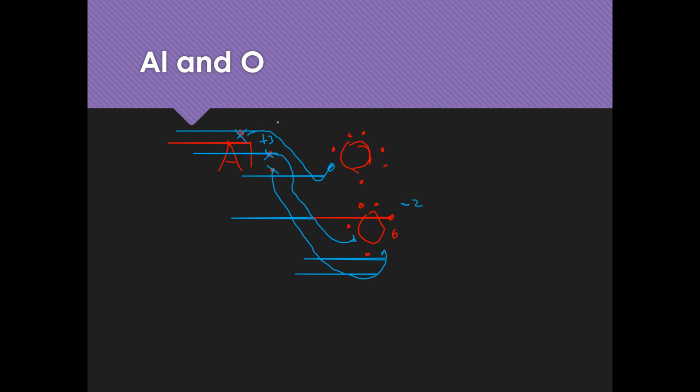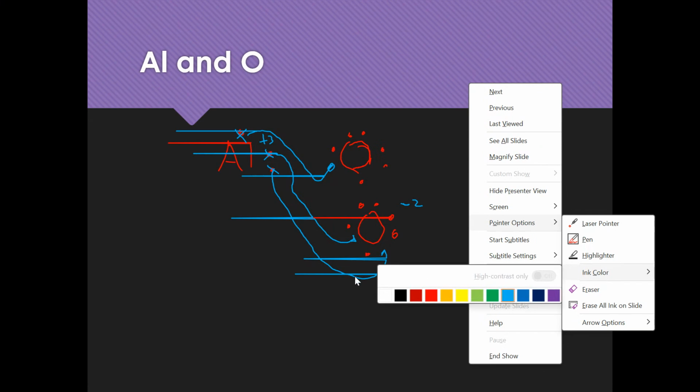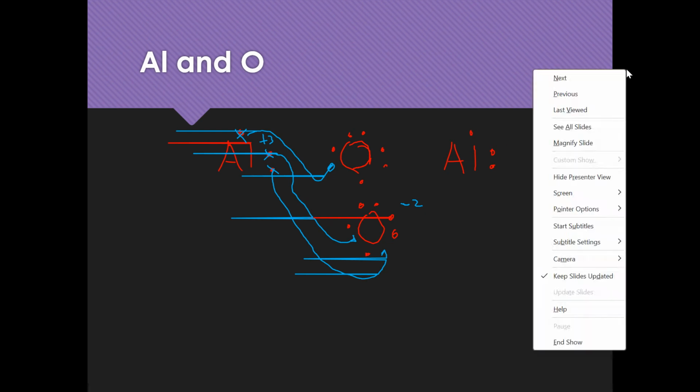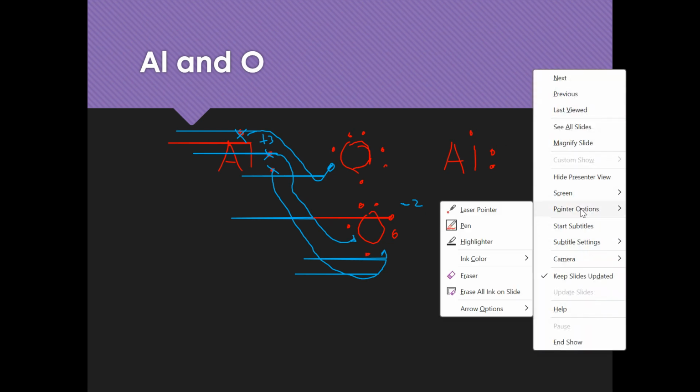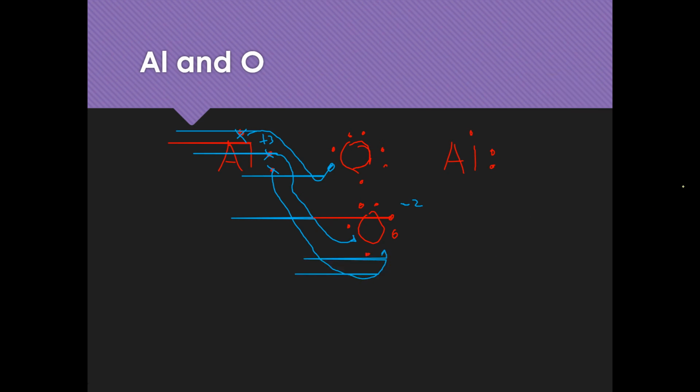But only one aluminum and 1 oxygen are happy. So this top oxygen needs more electrons. So what happens? We get another aluminum with its 3 valence electrons. One of those valence electrons is now going to go to this atom here.